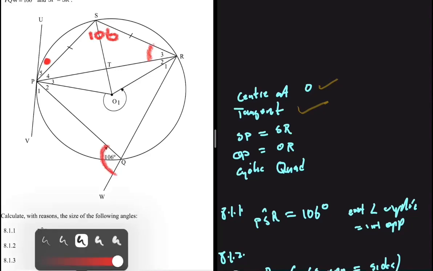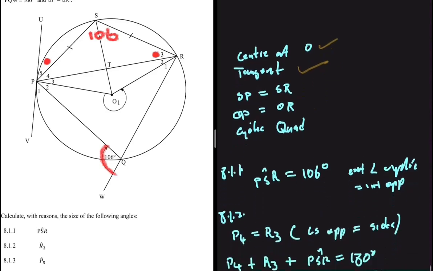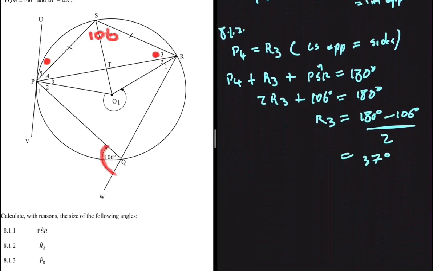So angle P5 should be equals to angle R3. That is the tan chord theorem. The angle between the tangent and the chord should be equals to the angle subtended by the chord on the circumference of the circle.